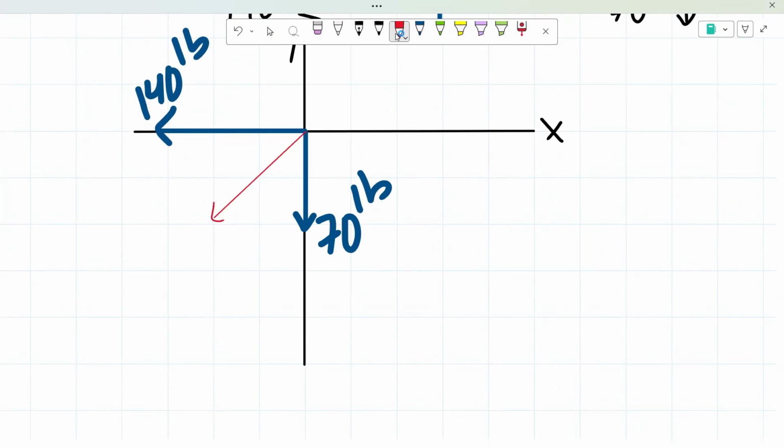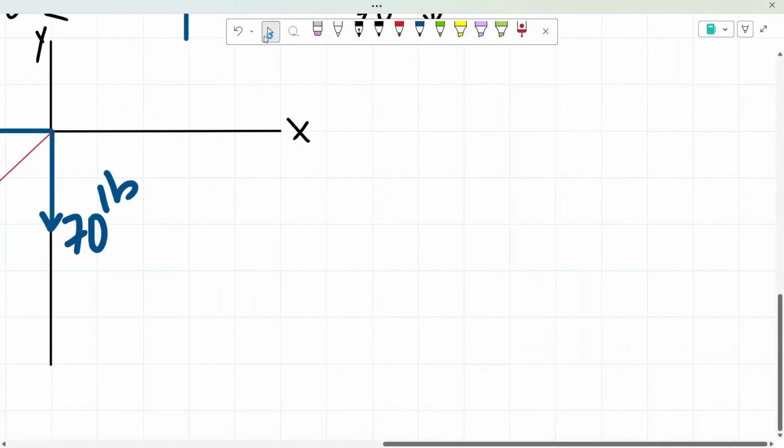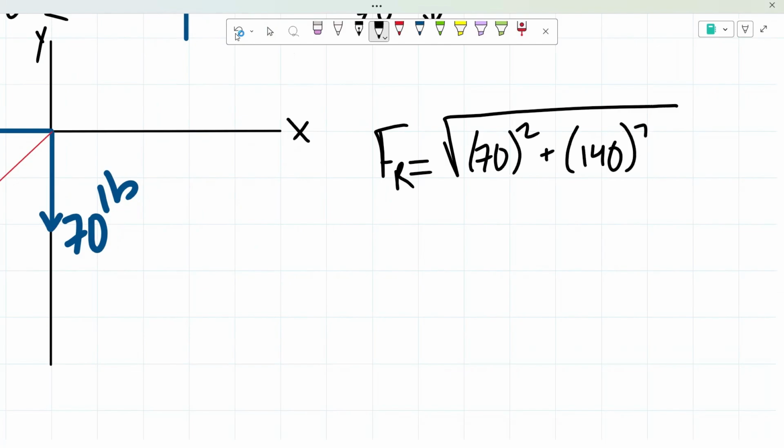So if you guys remember, our resultant force is equal to the square root of our two forces squared. So 70 pounds squared plus 140 pounds squared.